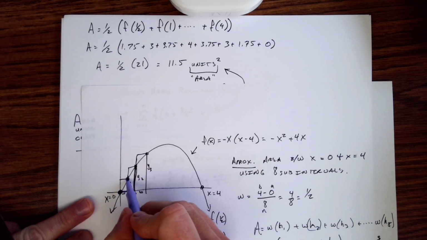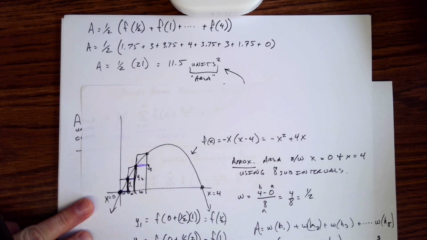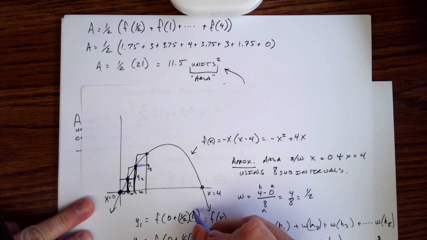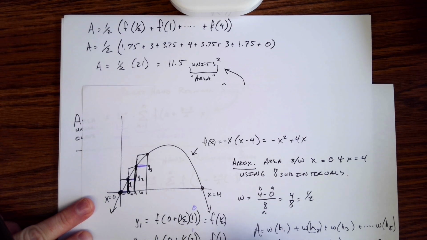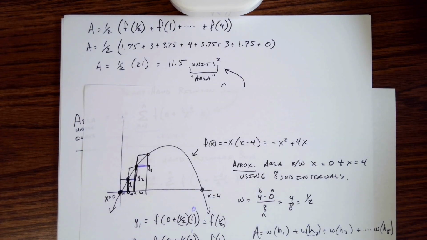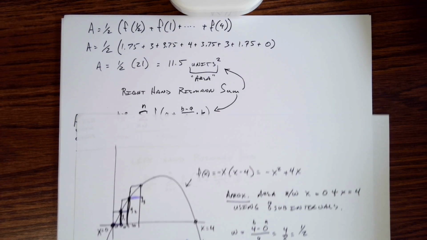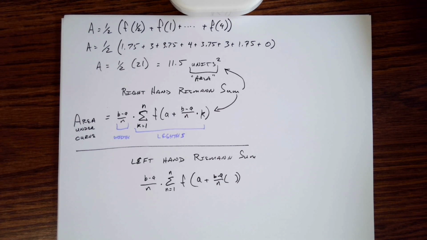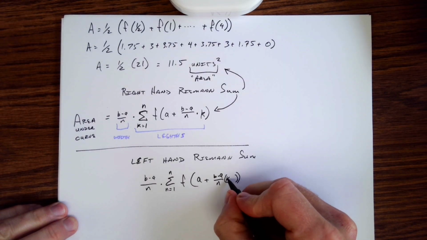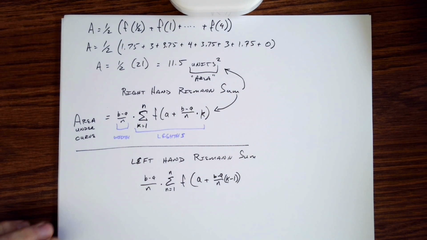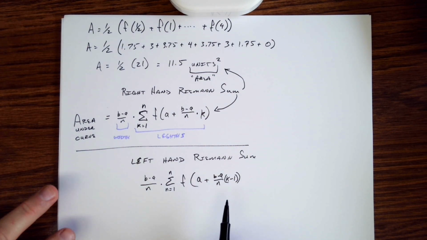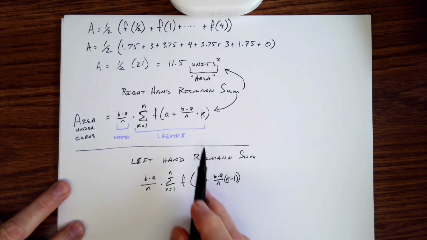The next one would actually start there, and there's the second rectangle, there's the third rectangle. So it's actually one backwards, so it'd be 0, 1, and 2 instead of 1, 2, and 3. It's offset by one step to the left, which means we can accommodate that by doing k minus 1.